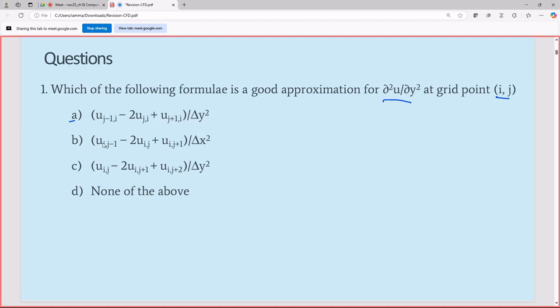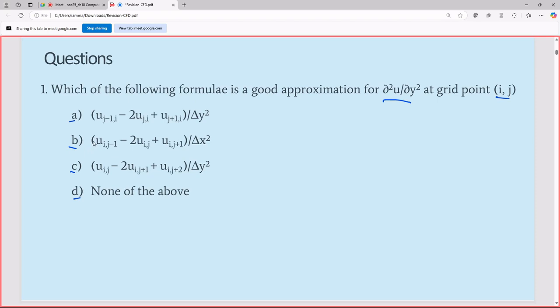Option B: (u[i, j-1] - 2u[i, j] + u[i, j+1]) divided by Δx². Option C: (u[i, j] - 2u[i, j+1] + u[i, j+2]) divided by Δy². Option D: none of the above.